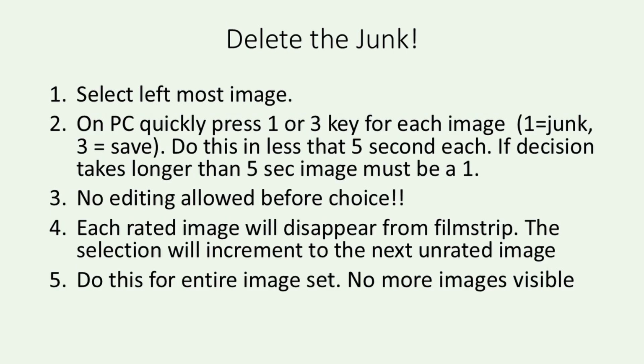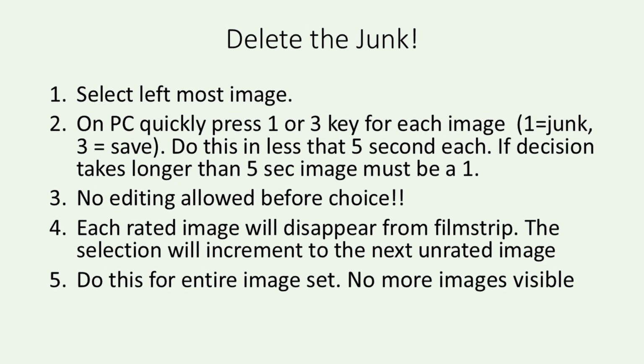So you're going to the leftmost image. I put my hands over the 1 and 3 keys. I look at that image and I either hit a 1 for junk or a 3 for save. You do this in less than 5 seconds each. If the decision takes longer than 5 seconds, then you must rate it as 1.